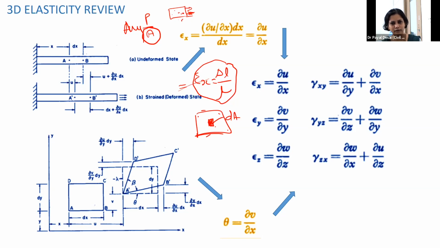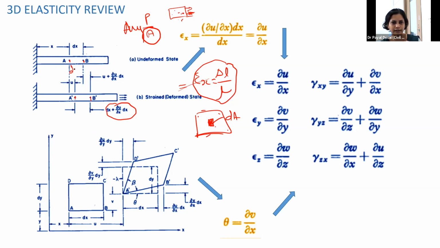So here, to give you just briefly, I will cover this 3D elasticity, where you have seen the points A and B, and they have deformed to A dash and B dash, and then you can write the differential, that is dx plus del u by del x into dx, the change in the length.